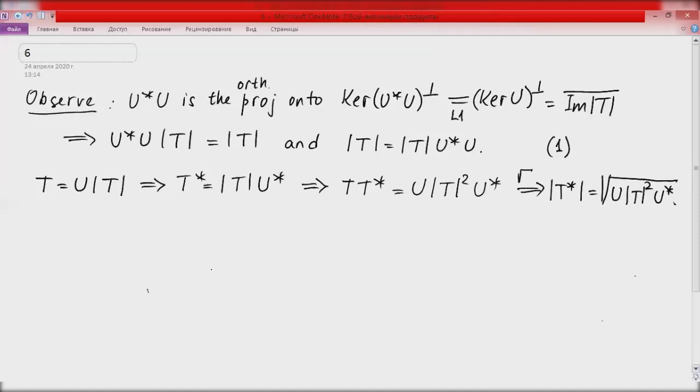Okay, let's now simplify this a little bit. So I claim that this square root is actually the following operator. And to see this, we simply take the square of this operator. So this will be the following expression.